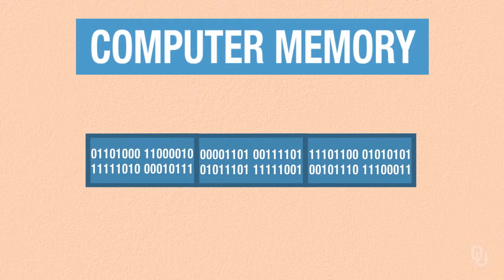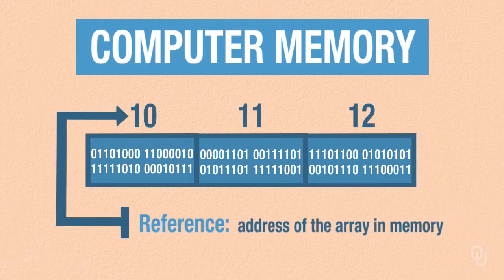Each group usually contains 32 or 64 bits and has a single address for those bits. You can think of a reference as the address of the array in memory. Suppose the first element of our array is at address 942. This means the next 2 elements will be at addresses 943 and 944.